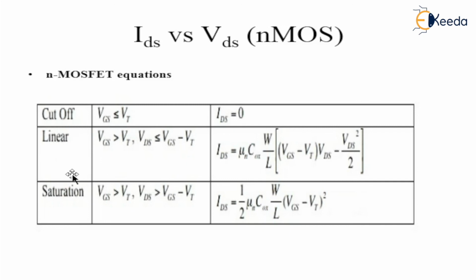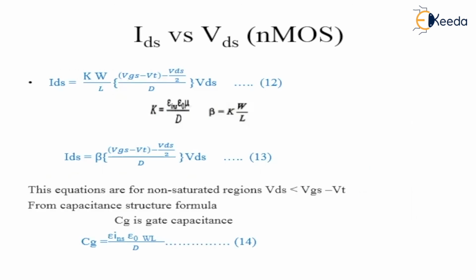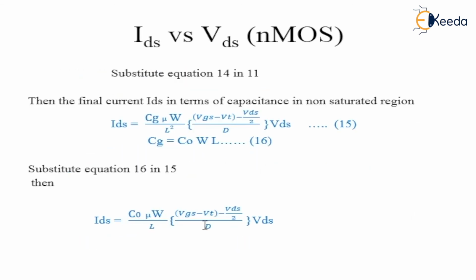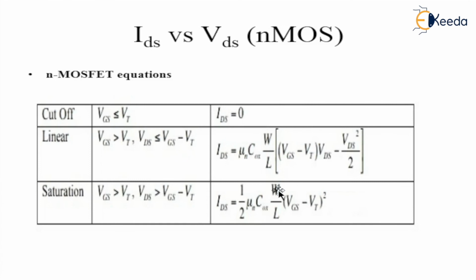When it is in linear or non-saturated mode, VGS is greater than VT and VDS is less than or equal to VGS minus VT. So we derived this formula: IDS is equal to mu into C W by L into VGS minus VT VDS minus VDS square by 2. Where we realized this one? Here: IDS is equal to C mu W by L VGS minus VT minus VDS by 2 into VDS. So the same thing is written here.